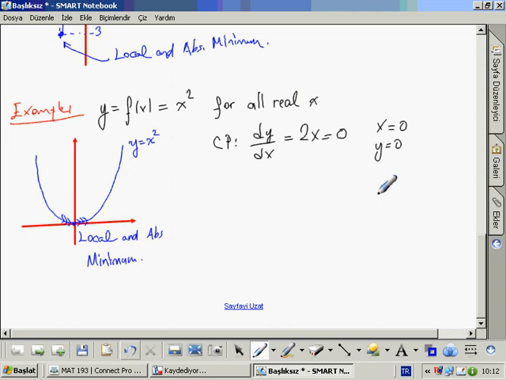Now let's continue with sections 4.3 and 4.4, which are related to sketching the graph of a function, and I will give these two topics together, and maybe it will be easier for you to understand.